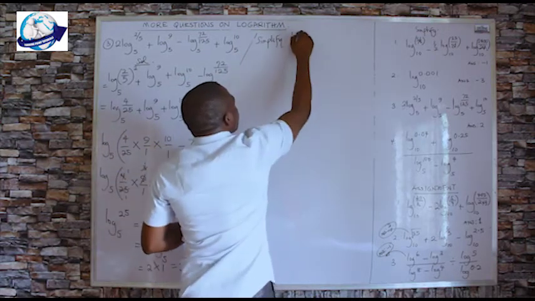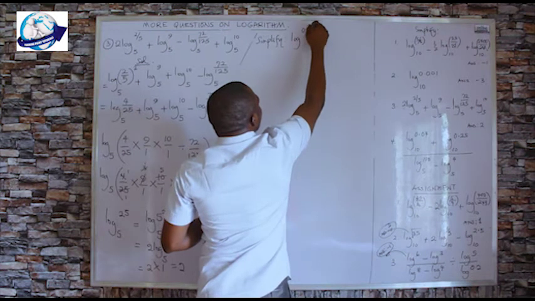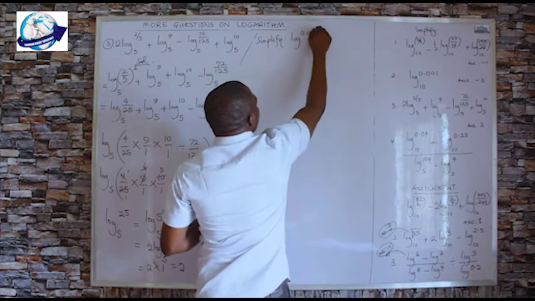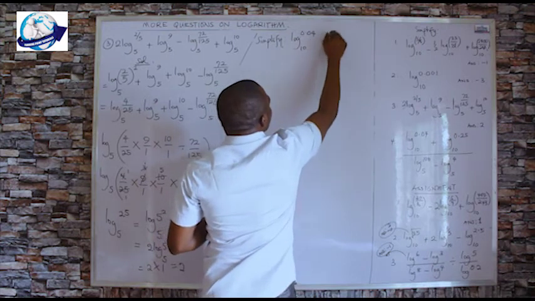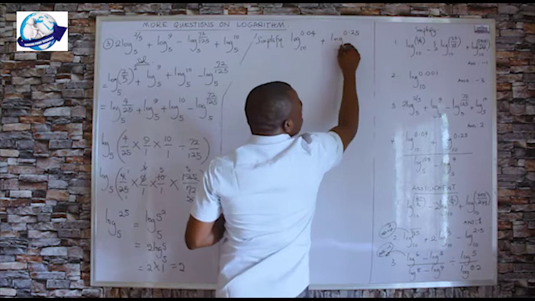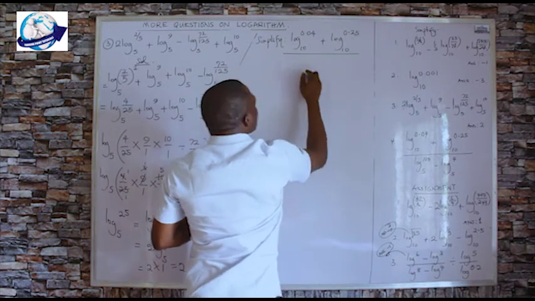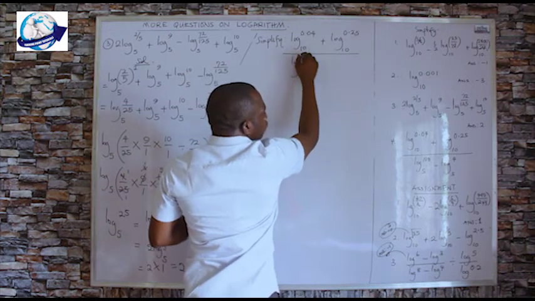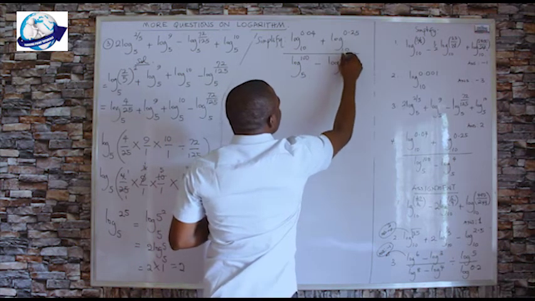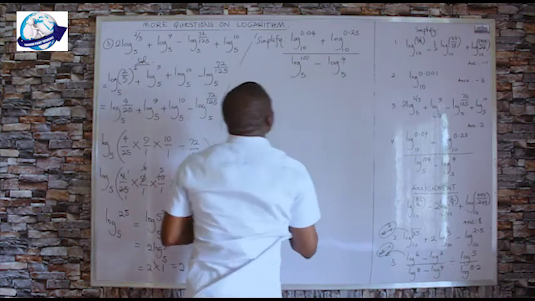It says logarithm 0.04 base 10 plus the logarithm 0.25 base 10, all over the logarithm 100 in base 5 minus the logarithm 4 in base 5.